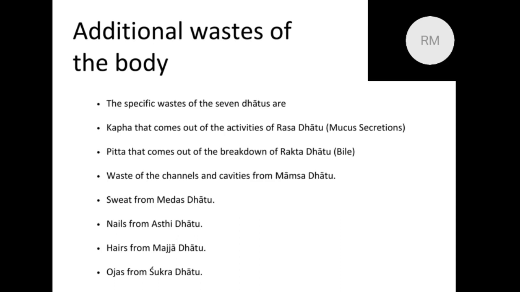These are all considered to be derived from the Mamsa Dhātu, and these also help indirectly to lubricate and to keep the surfaces of these passages clean, and also sometimes prevent bacterial infections. So these are all part of the specialized secretions.